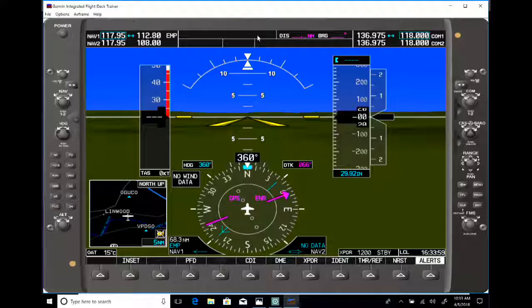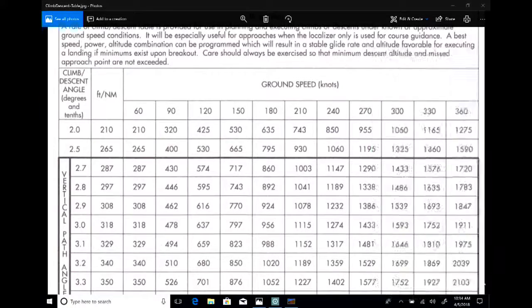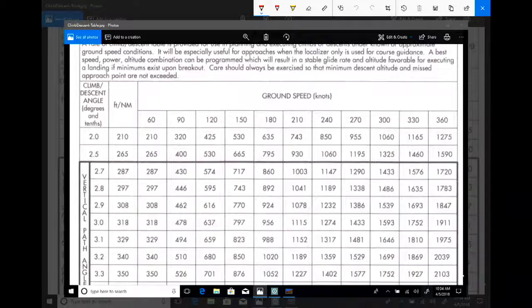but I'm using this also for my approach, because when we look at this as well, all of our approach timing that you're going to learn about later is all done around your ground speed. So the airspeed is great, but all of your mathematics are going to be around that ground speed.